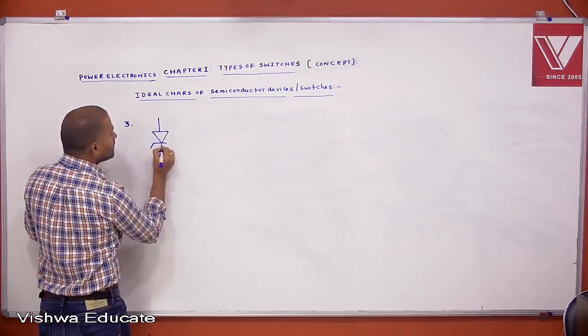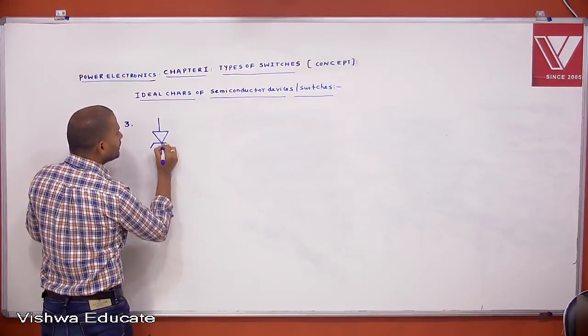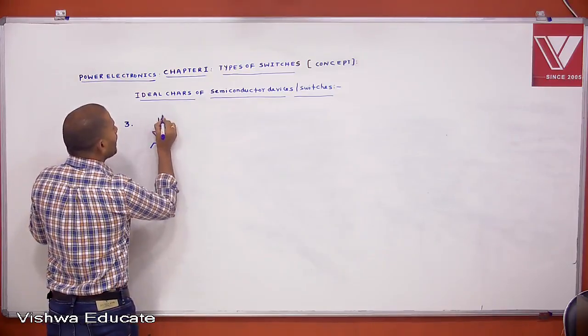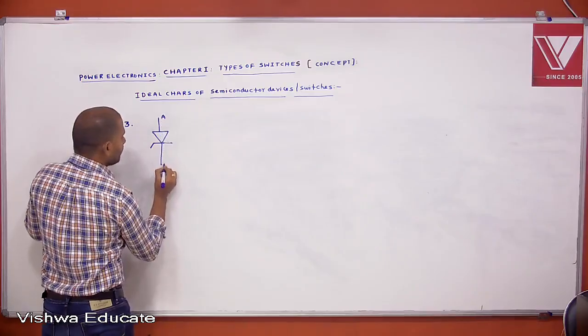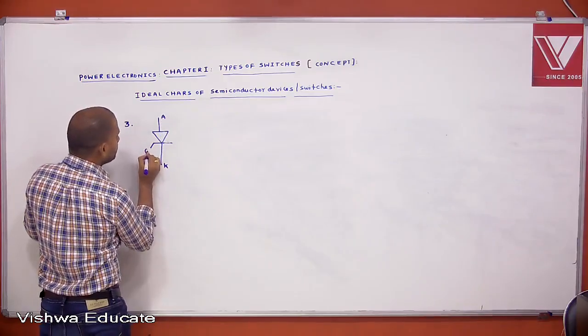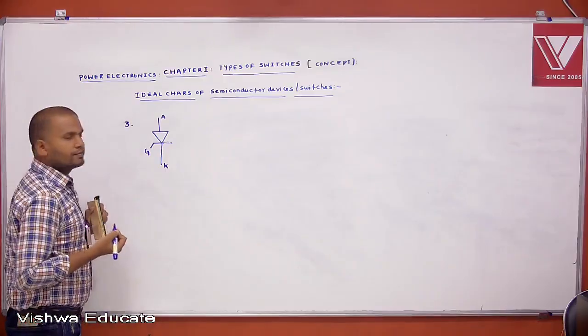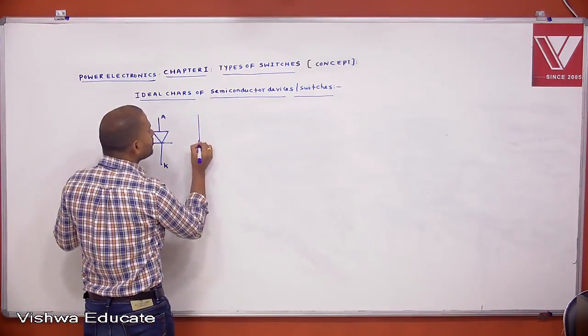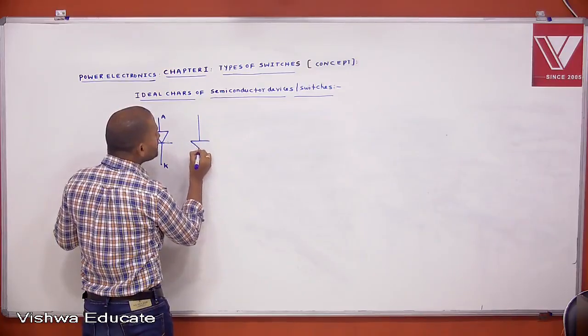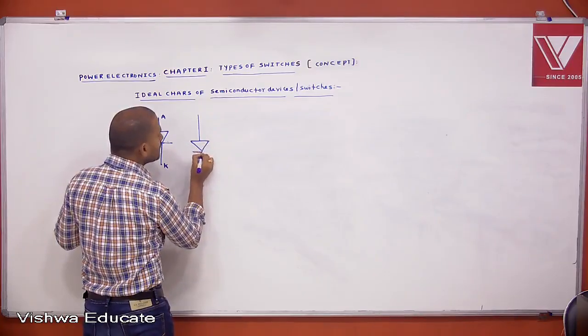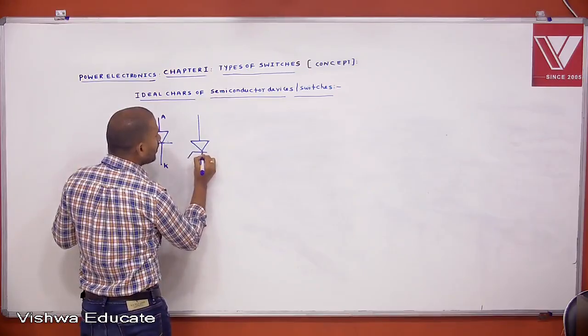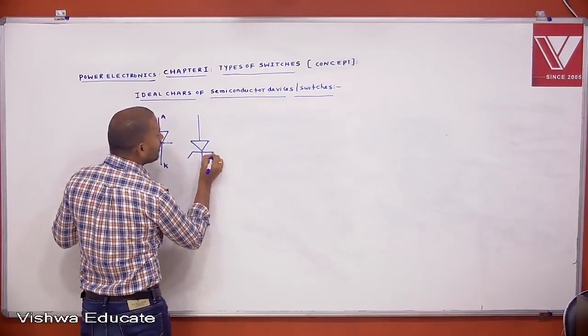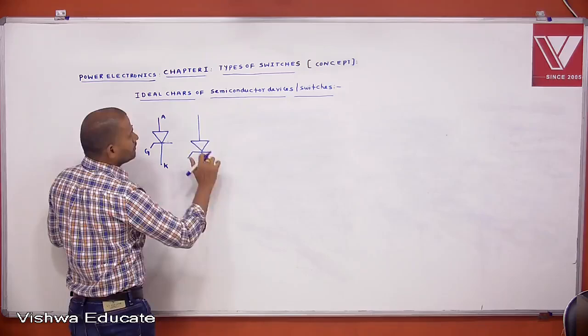In detail about these devices later on I will explain. This is the anode, cathode, gate. The ideal characteristics of the thyristor and GTO are the same. That's why I am explaining both devices.